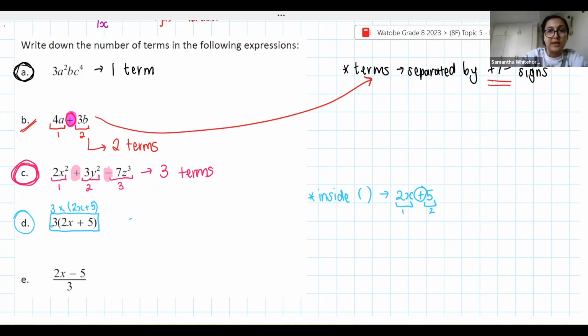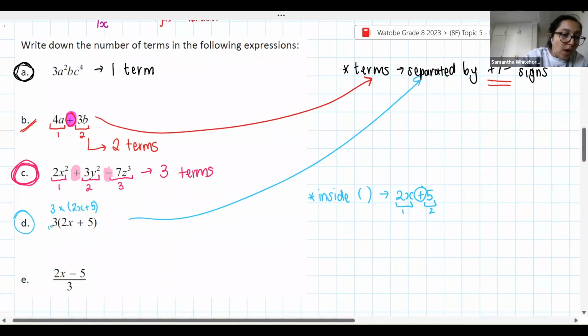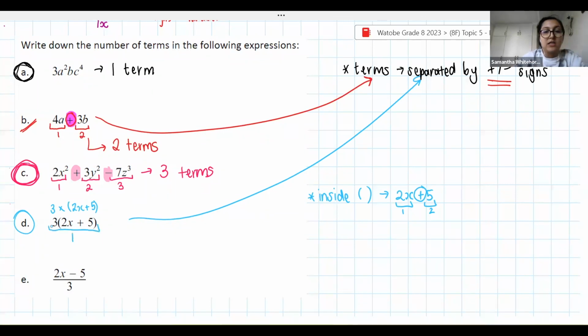Now, importantly, if we again go back to our definition, terms are only separated by plus or minus signs. Division and multiplication do not separate terms. So I'm going to say that again. Addition and subtraction separate terms. Multiplication and division do not separate terms. Now, what that means is because this expression is basically a multiplication, I actually only have one single term in my entire expression.